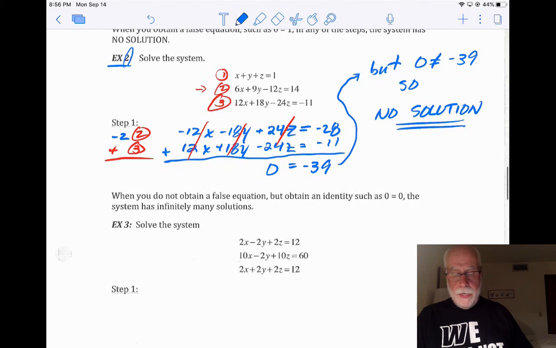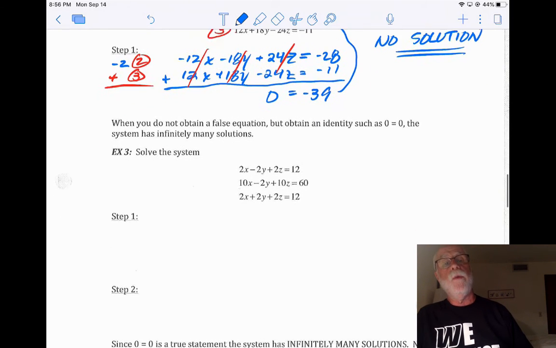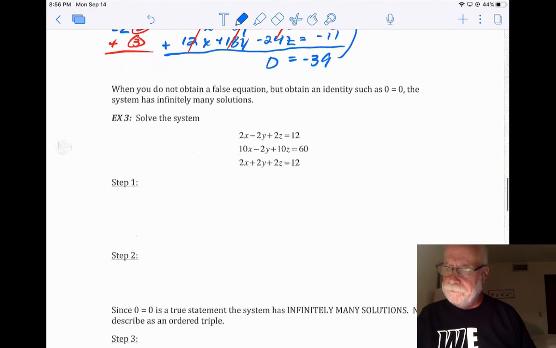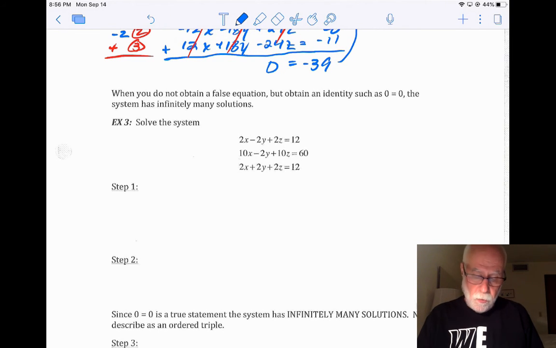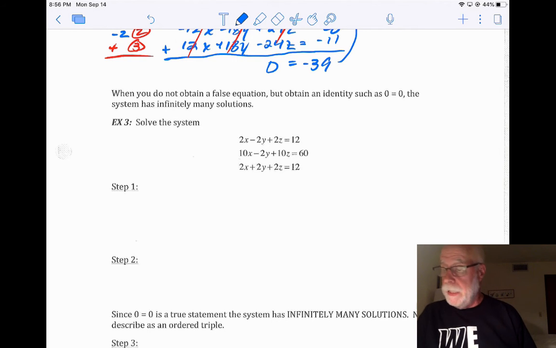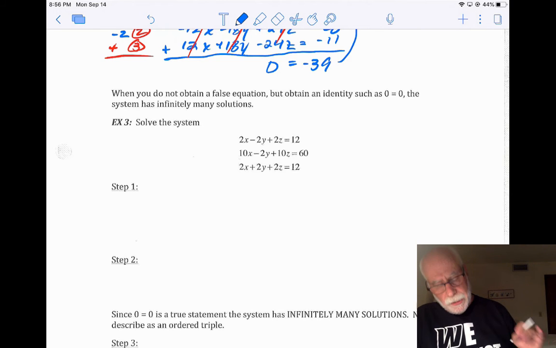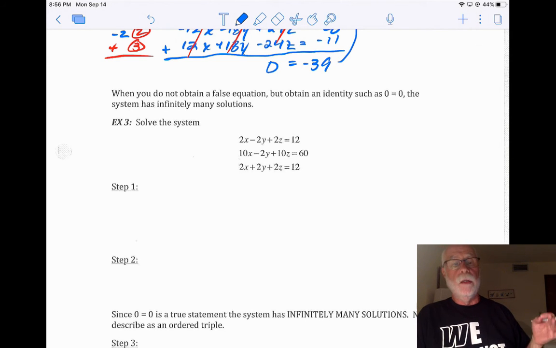And now here are the ones that are not hard, they're just involved. When you do not obtain a false equation, but obtain an identity such as 0 equals 0, or 5 equals 5, something equals something, where both sides match, then you're going to have infinitely many solutions. But we're not just going to write infinitely many solutions.